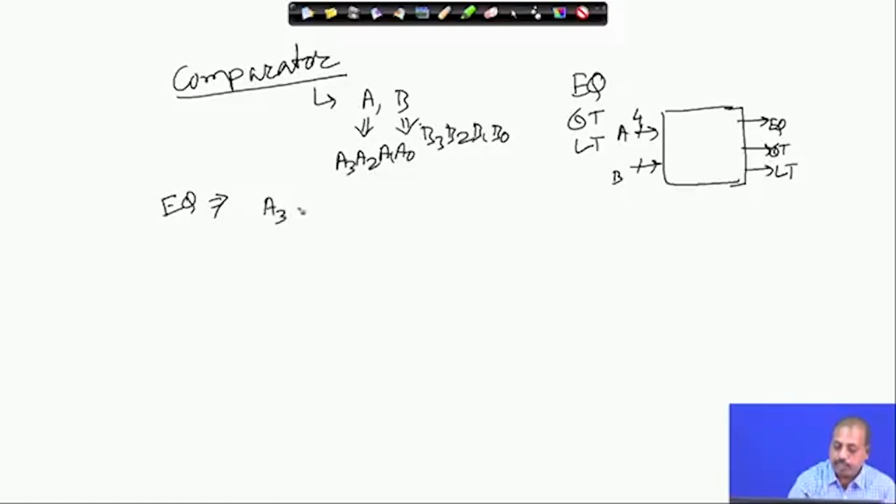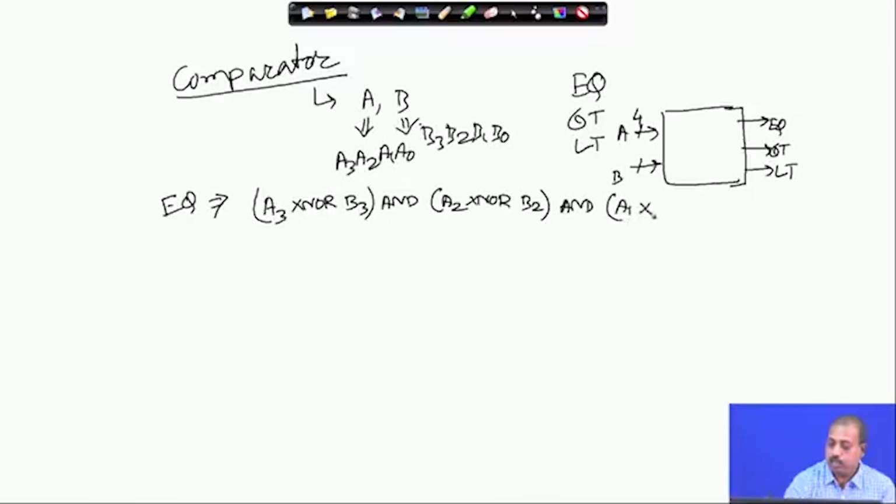So, it is A3 XNOR B3, and A2 XNOR B2, and A1 XNOR B1, and A0 XNOR B0. If all the bits are the same, then this XNOR output will be 1.